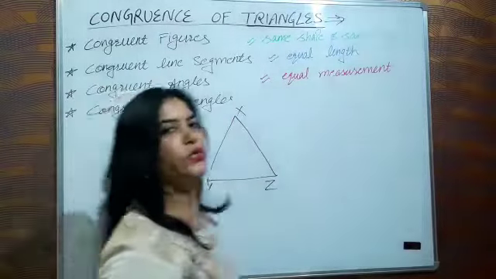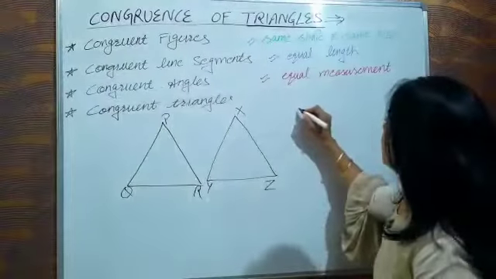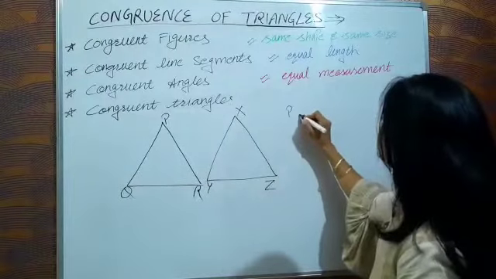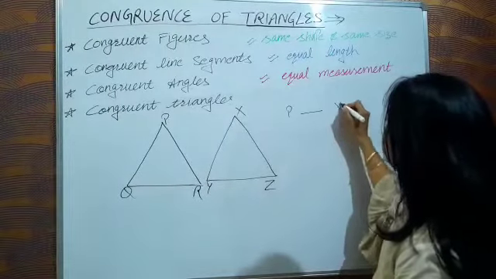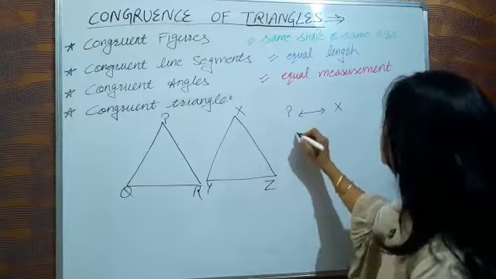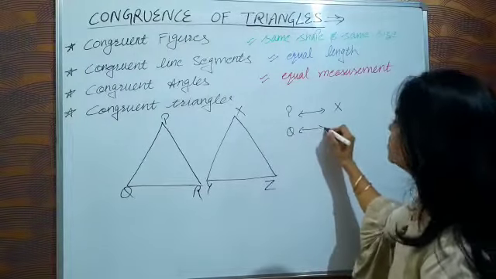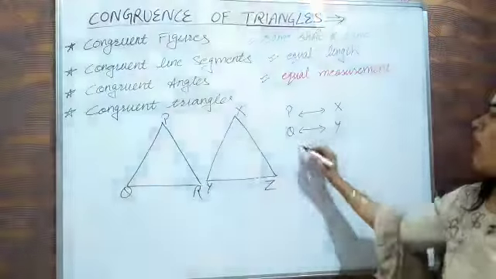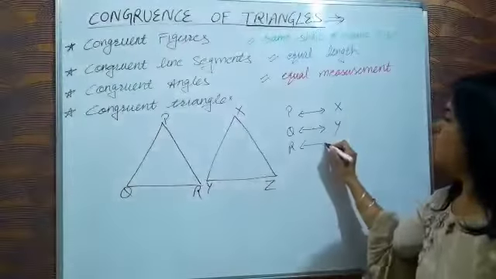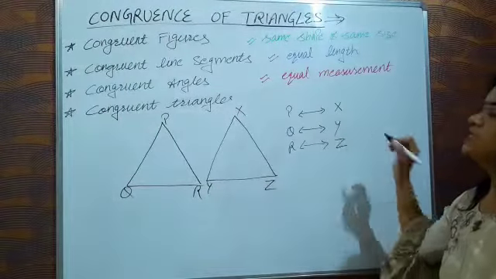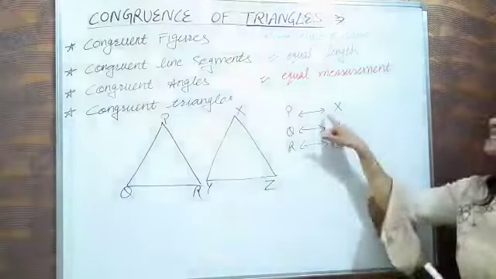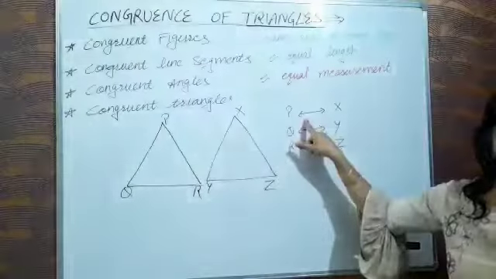And as I told you, point P coincides with point X, point Q coincides with point Y, and point R coincides with point Z. This is the sign of correspondence.